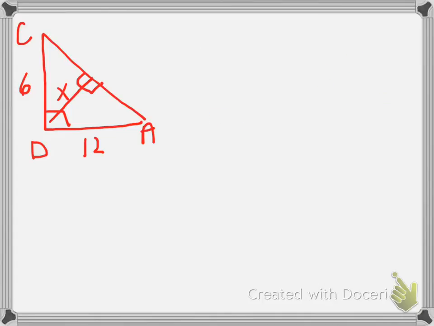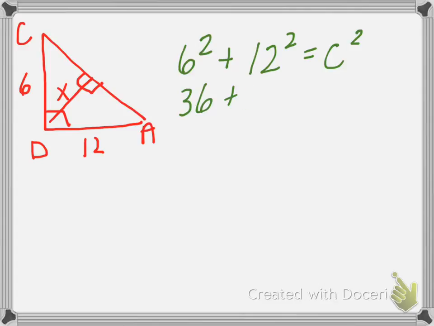But we could get the hypotenuse because this is a right triangle and we have two sides. So we could use the Pythagorean theorem, which is that a squared plus b squared equals c squared, where c is the hypotenuse and a and b are the legs. So if we solve this, we get this.